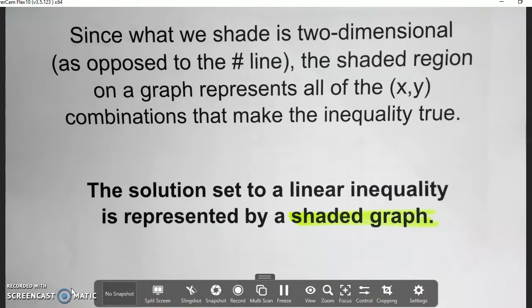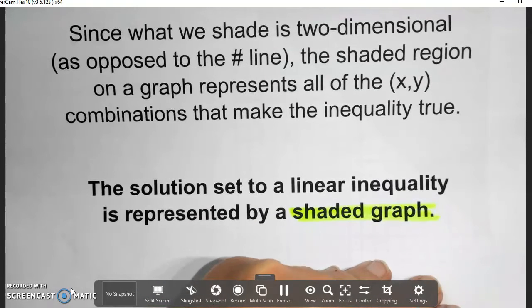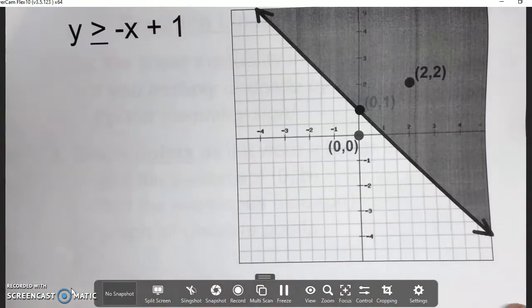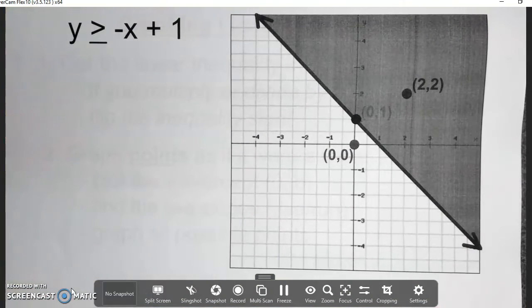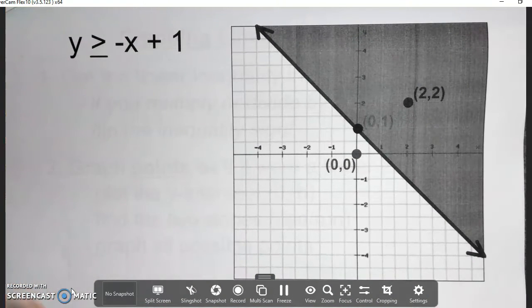So let's talk about how to solve one of these. So look at this problem. y is greater than or equal to negative x plus 1. So I've already got it shaded for you, but I'm going to walk you through the process.